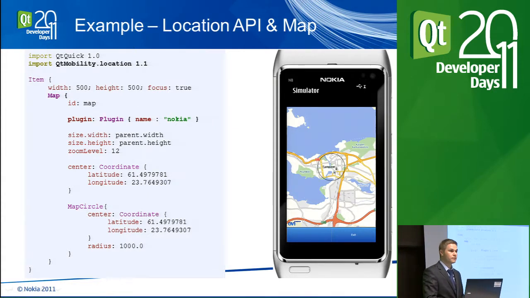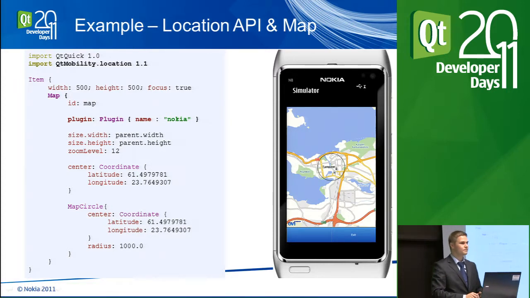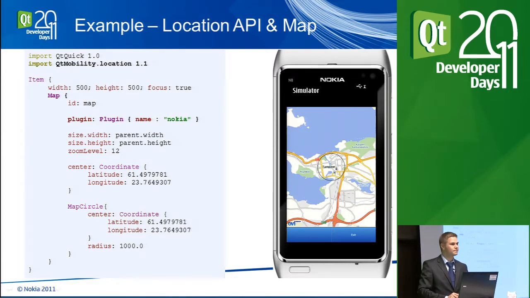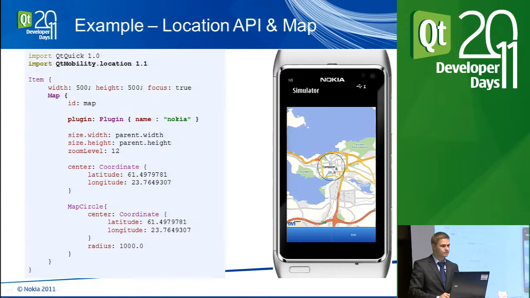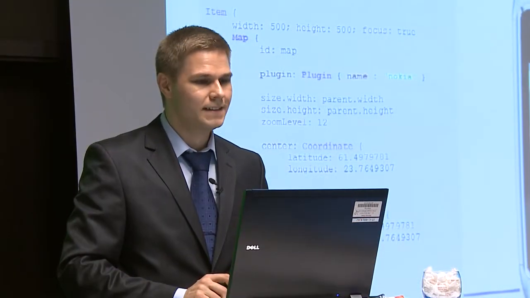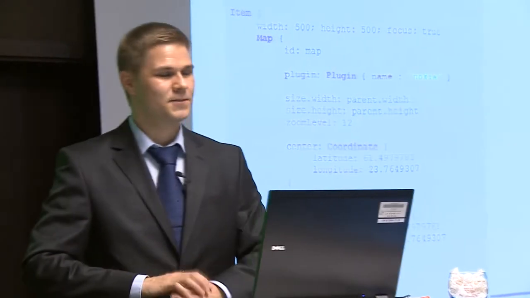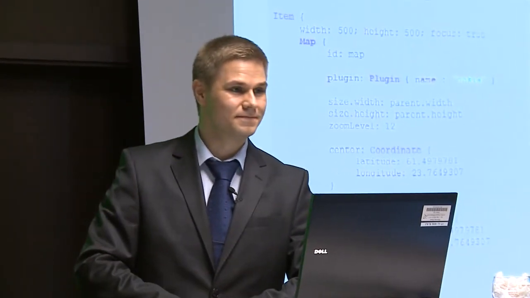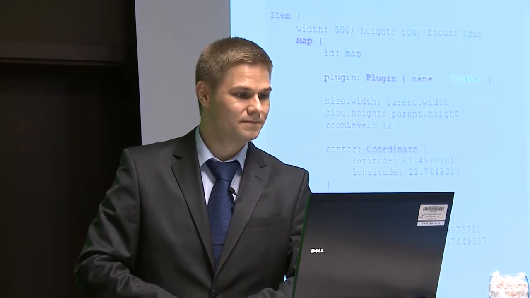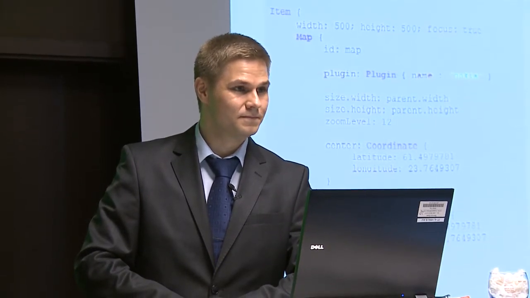Do you have a question? Can we have the mic, please? The coordinates in the location API are probably WGS84 GPS coordinates, and if you have 7 digits like here, then you have to take care that the map has got the same coordinate system.